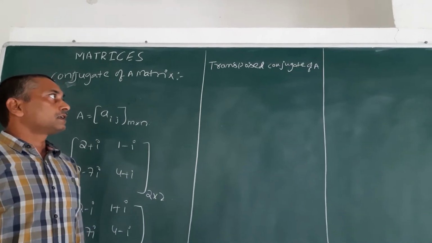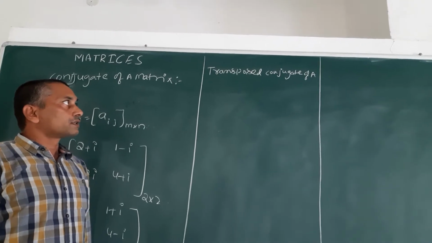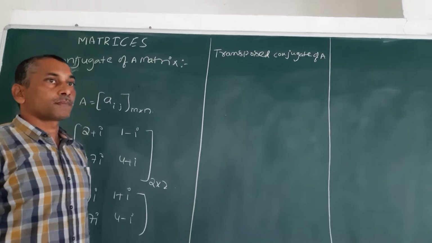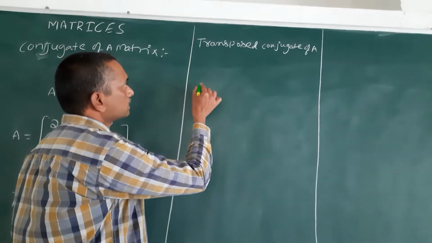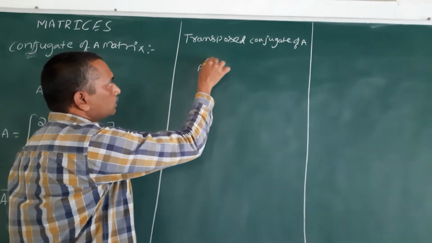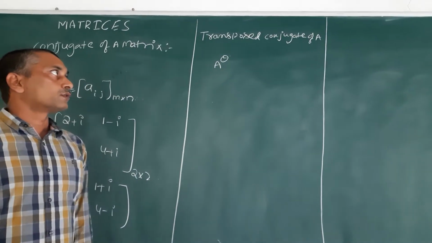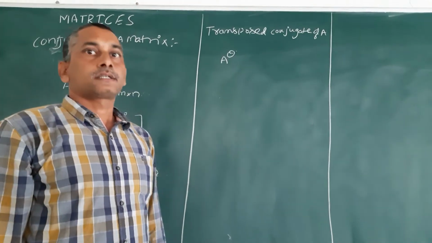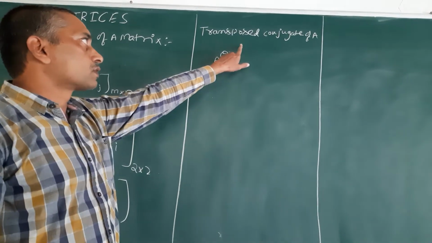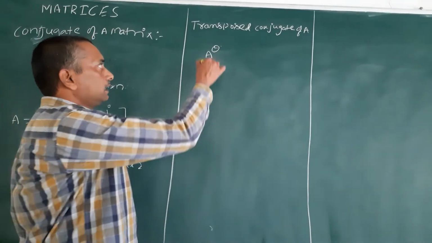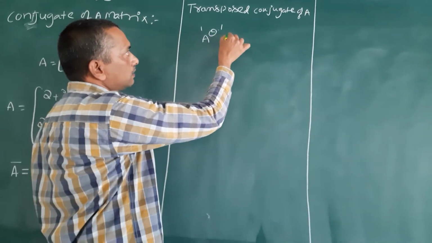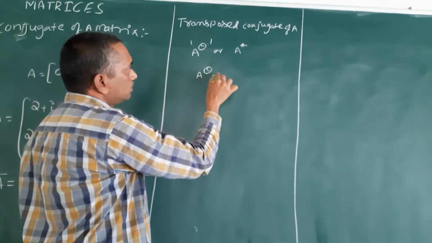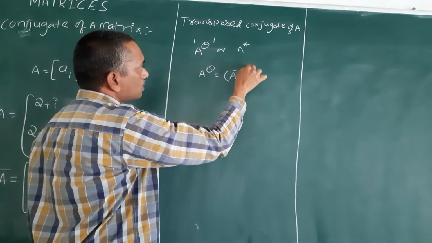The conjugate of the transpose of a square matrix is called the transposed conjugate of it. It is represented by A to the power of theta or A star. A to the power of theta equals the transpose of the conjugate.